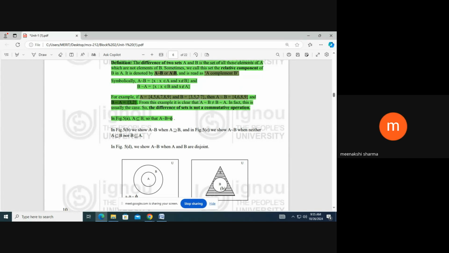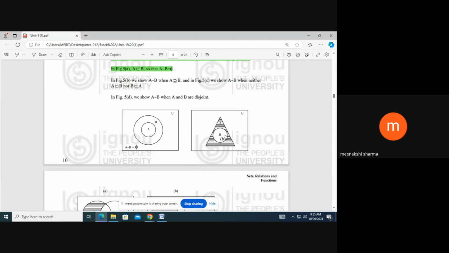There is 3, 5, 2, 7, but 5 and 7 also belong to A. That's why we use just 3 and 2. Yes, got it? Okay, then it's a Venn diagram of B difference A.